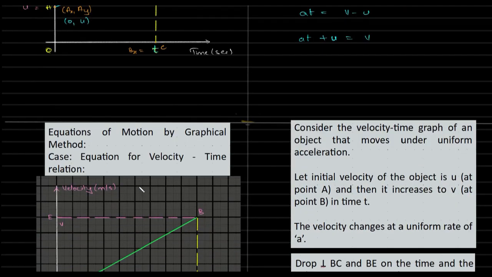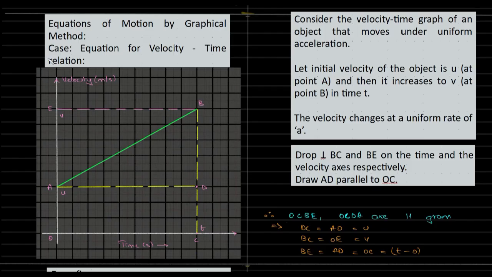A write-up should look like this for your exam. This is what you have to write, okay? Basically your answer would start from here with the velocity time graph and AD and all of that, same thing. So I've named it A, B, C, then D is over there, E is over there, and that's O. So we will begin with, consider the velocity time graph of an object moving under uniform acceleration.